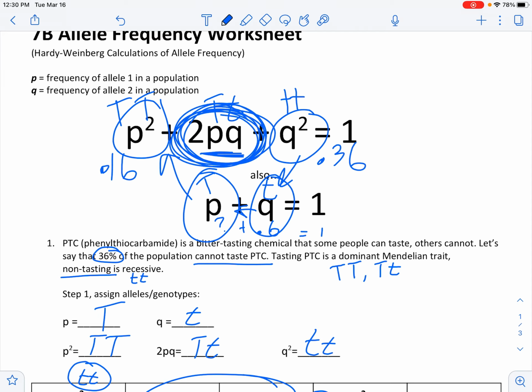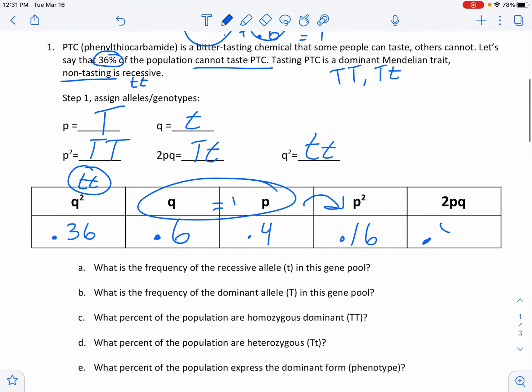So what's 0.16 plus 0.36? That equals 0.52. So 0.52 plus what equals 1? This must be 0.48. So 2pq must be 0.48 to make this equation equal 1.